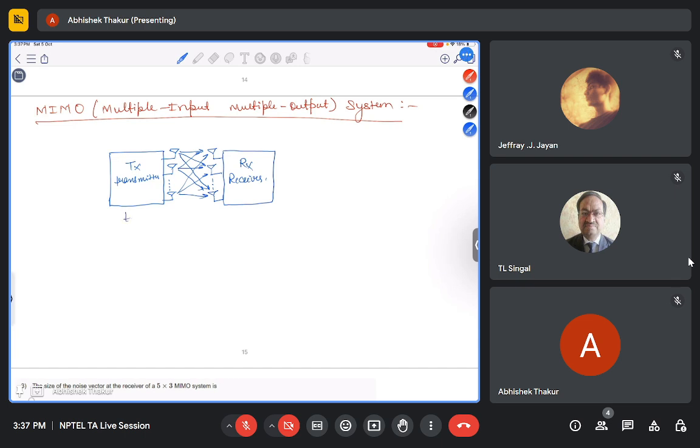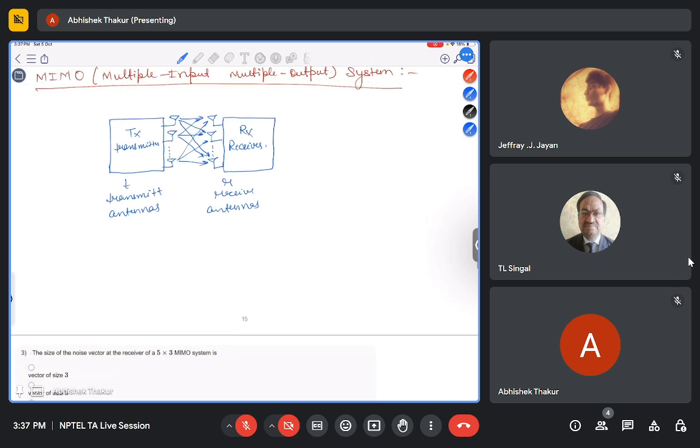So there are T transmit antennas here, and R receive antennas. Now let's suppose a system with T transmit antennas and R receive antennas.